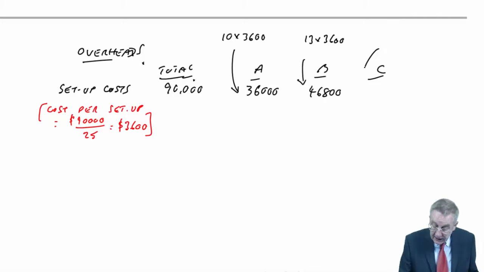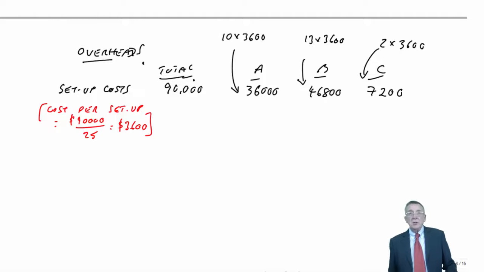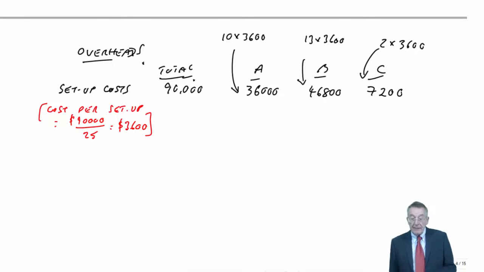And similarly, I'm finding a C. 2 setups at 3,600 is 7,200. Now, I said a minute ago, ultimately we want a cost per unit. We will sort that out later. But for the moment, I'm simply sharing the overheads between the various products in what seems the most suitable way.